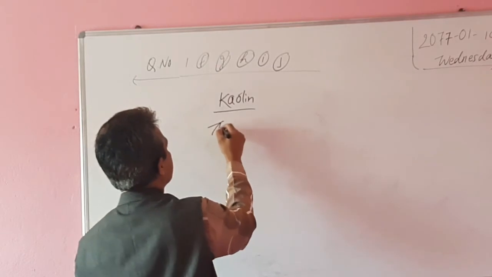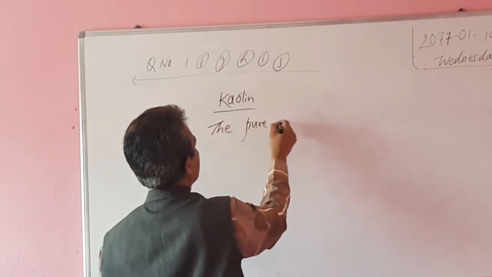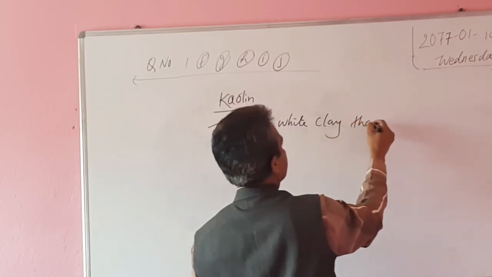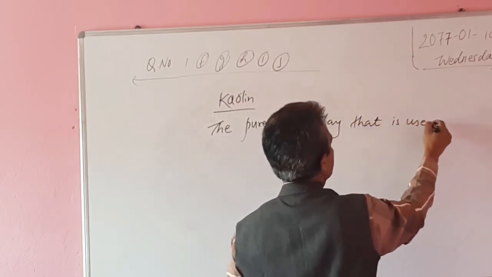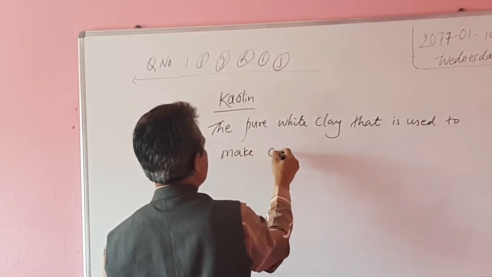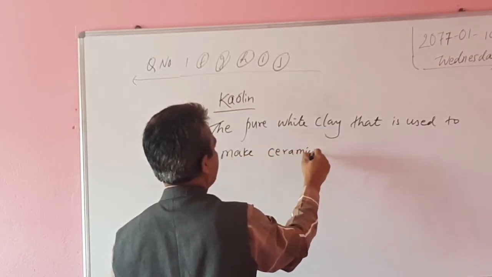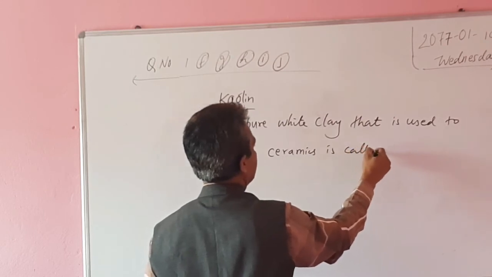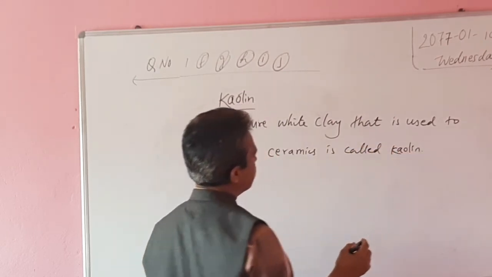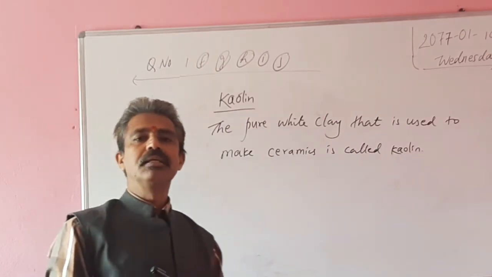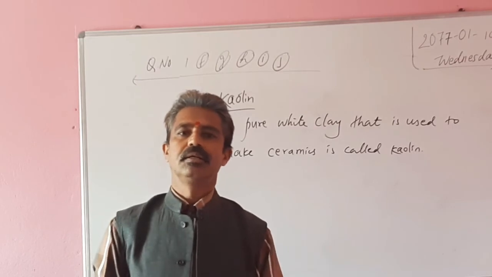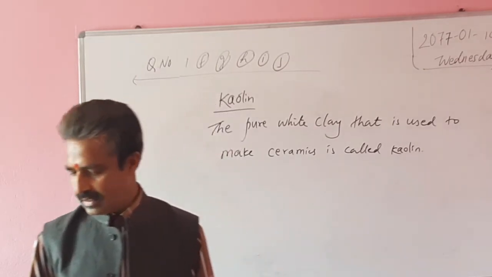The pure white clay that is used to make ceramics is called kaolin. You say that you have many China clay items at home, so they are made from kaolin, pure white clay.